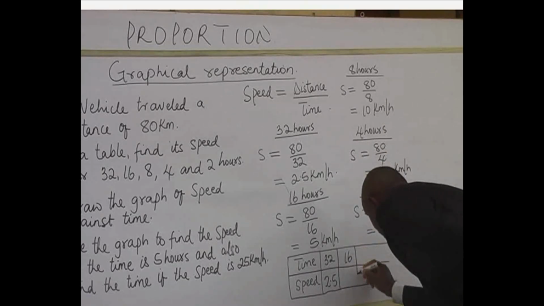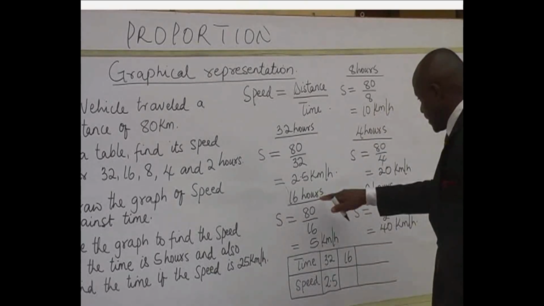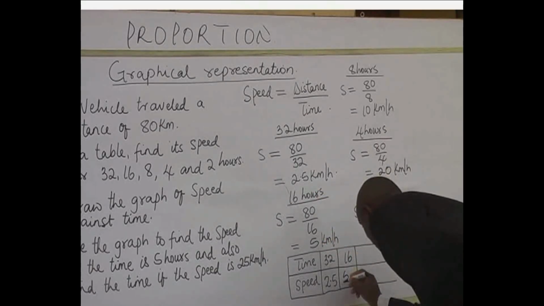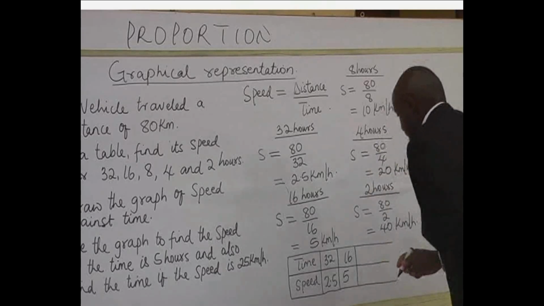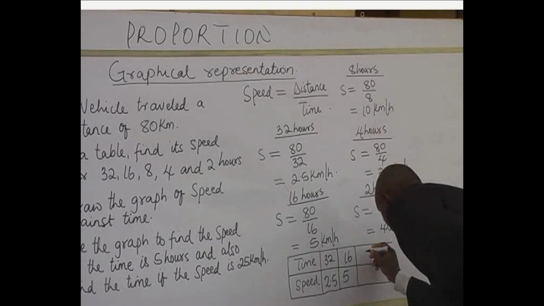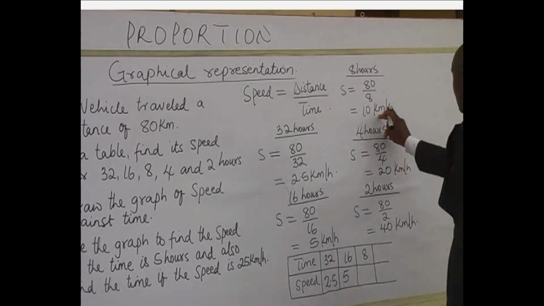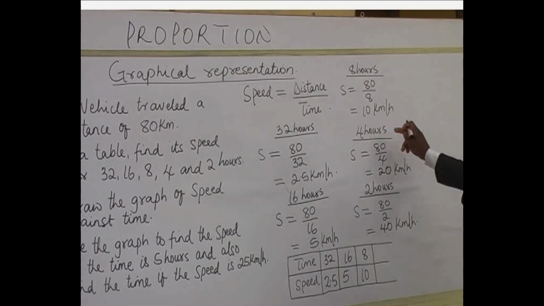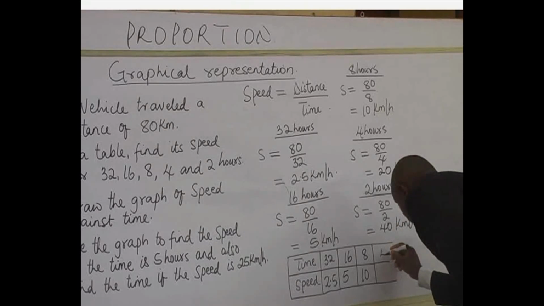Then the next, when the time was 16, we calculated that the speed was 5 kilometers per hour. The next is when the time was 8 hours. We calculated speed to be 10 kilometers per hour. The next was when the time was 4 hours.